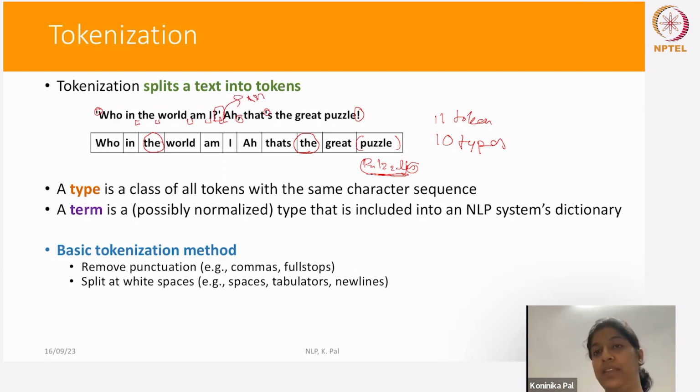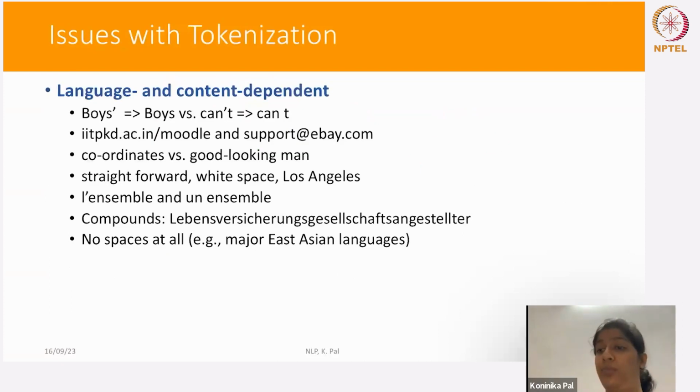If I do not also check for \n, to see where one word ends and another token starts, then I'll be wrong. So it's not only the space; maybe we need to look at the tabulators and the newline characters as well. But even with that, we can have many problems.